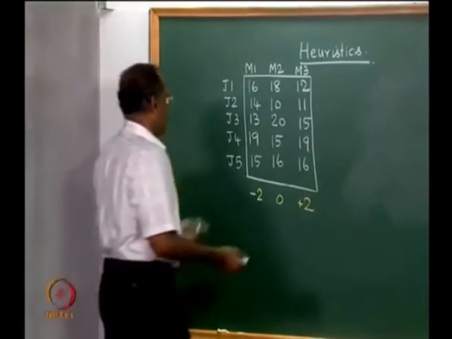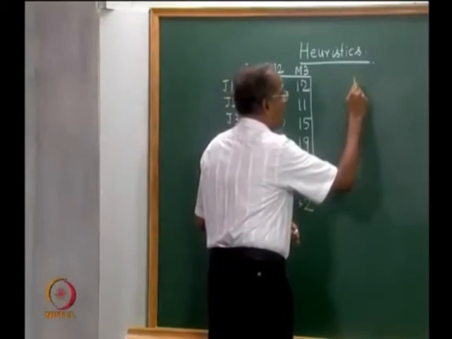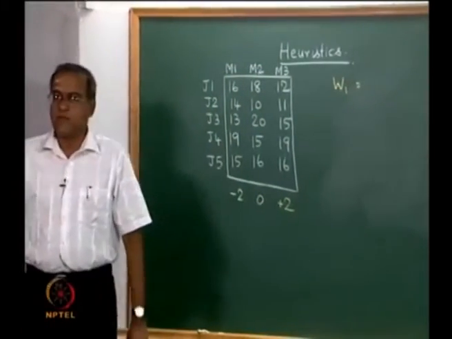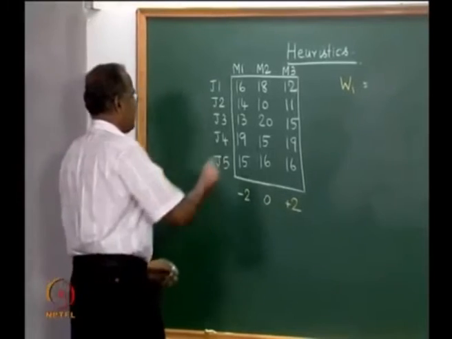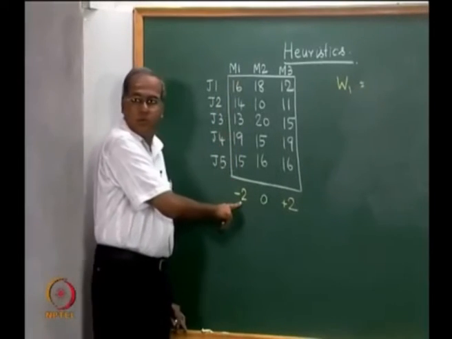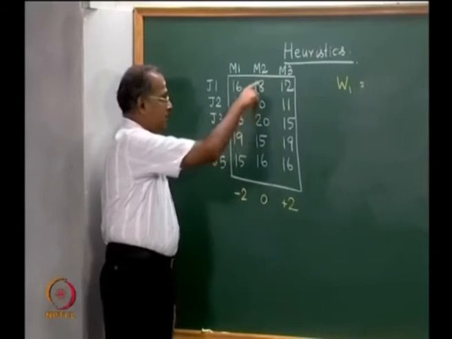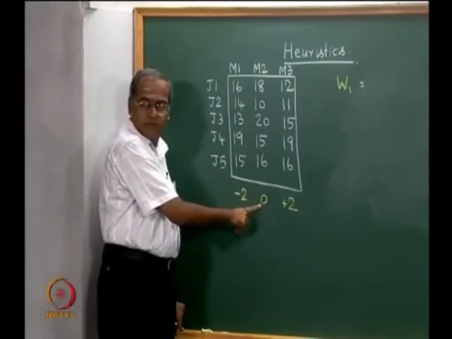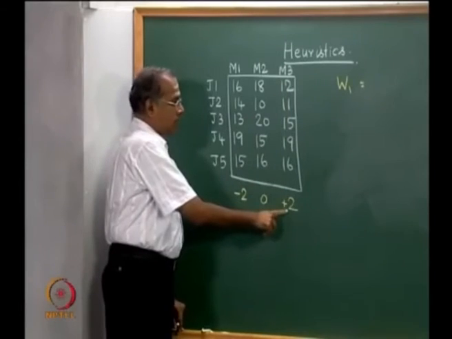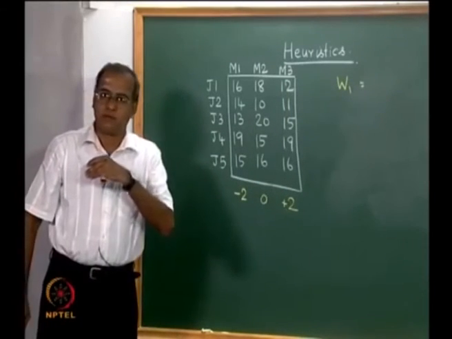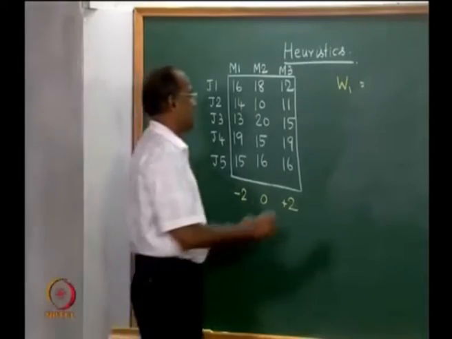Let us call W1 the weight for job 1. So for job 1 the weight will be 16 into -2, which is -32, plus 18 into 0 plus 12 into 2, 24. So 24 minus 32 is -8.